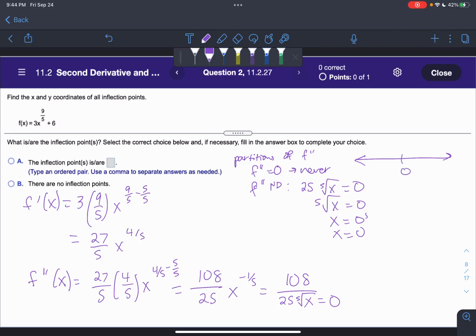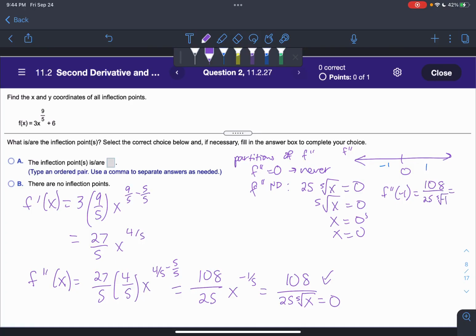So again, let's use these test points, -1 and 1. I'm going to plug them into my second derivative because we want to know what the sign is of it. So f double prime of -1. So let's use this form down here. I have 108 over 25, the 5th root of -1.